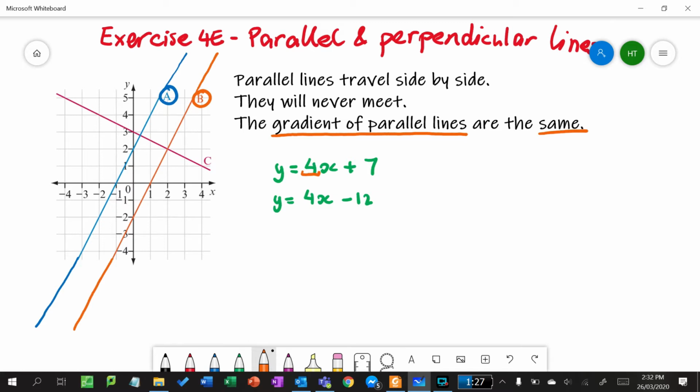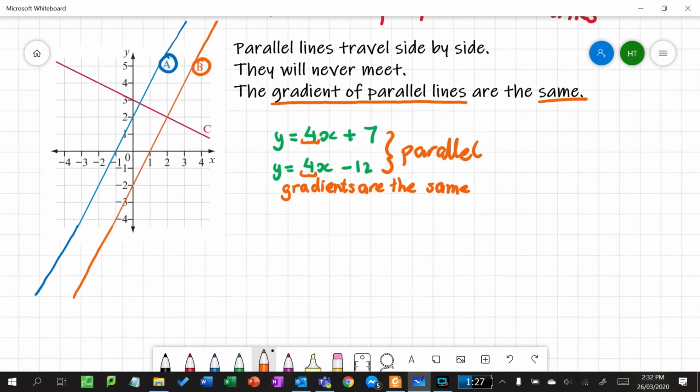What about the gradient of the second line? The gradient of the second line is also 4. Since the gradients are the same, these two lines are parallel.